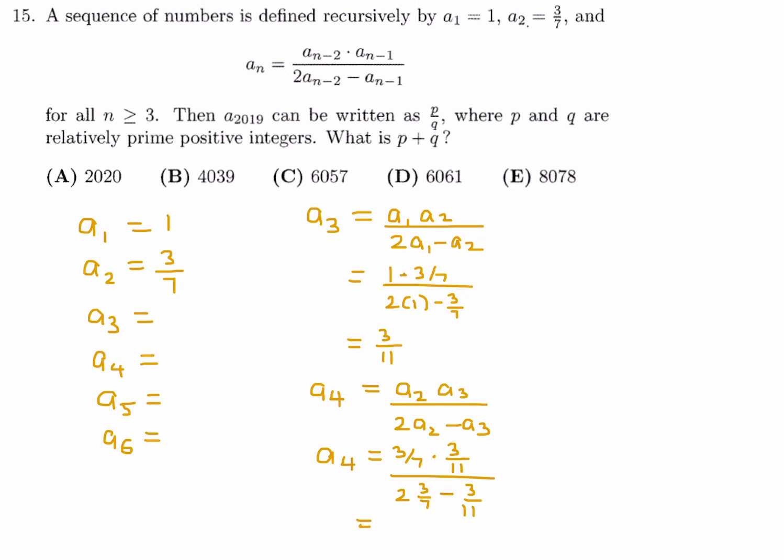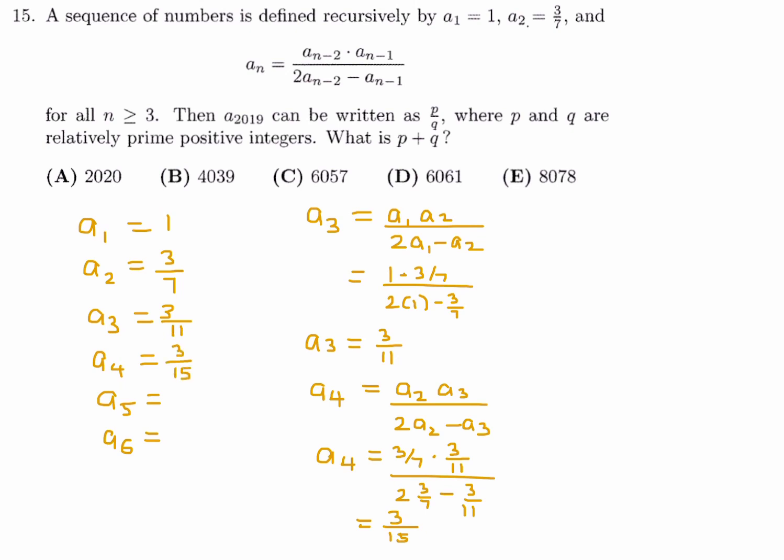And when you crunch out the numbers, you will get 3 over 15. I'm going to leave it as 3 over 15. I'm not going to reduce it for a reason, and that reason will become clear. So let's just keep our tally here, 3 over 11, 3 over 15.